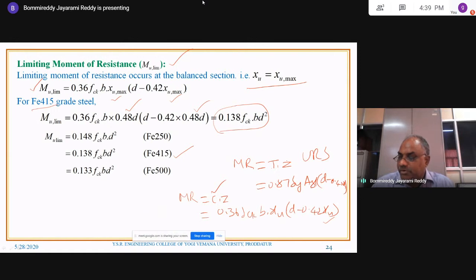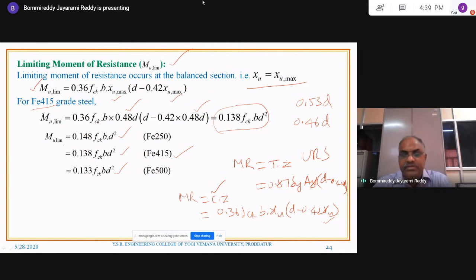Similarly, if you substitute xu,max equal to 0.53d, you will get 0.148 fck b d squared, and if xu,max equals 0.46d, you will get 0.133. So for different grades of steel you get different limiting moments of resistance: 0.148, 0.138, 0.133. You have to remember this, automatically, not by rote.